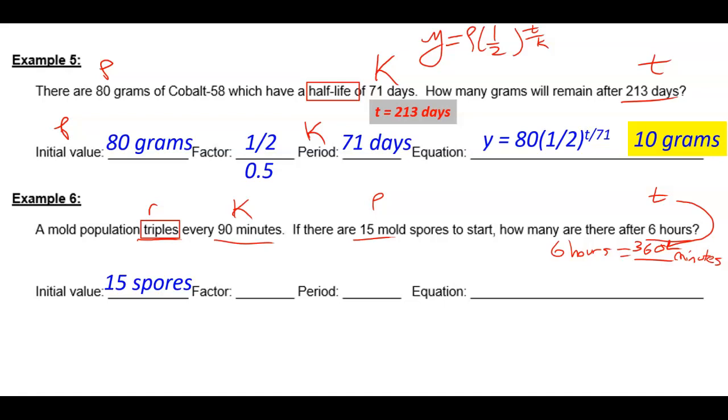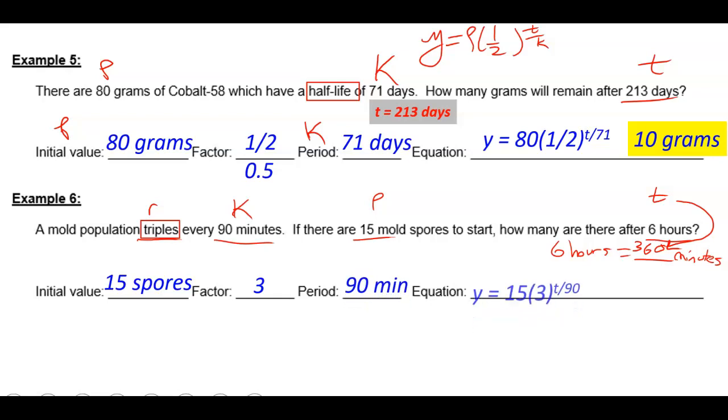What is happening each 90 minutes? What's happening every 90 minutes? Okay, triples, which means times 3. Okay, the factor is 3. Period. The tripling happens how often? So my period is 90 minutes.